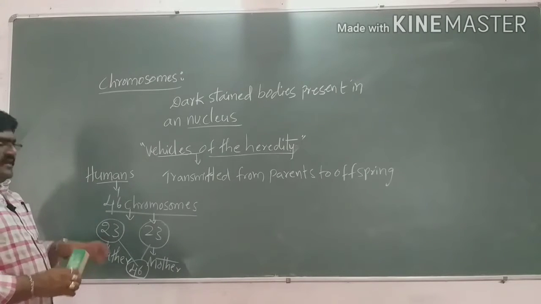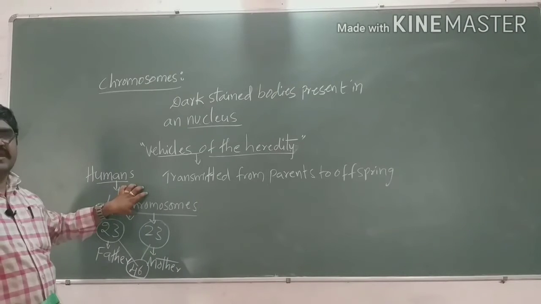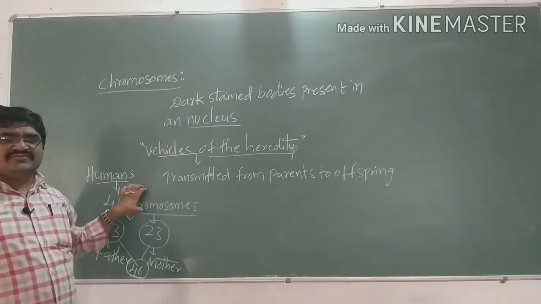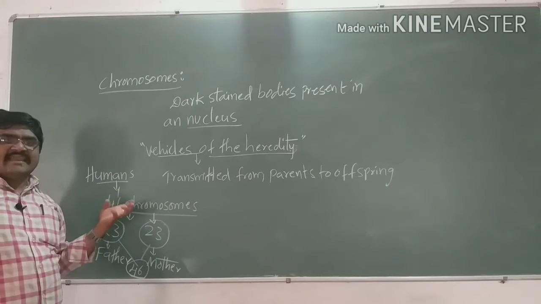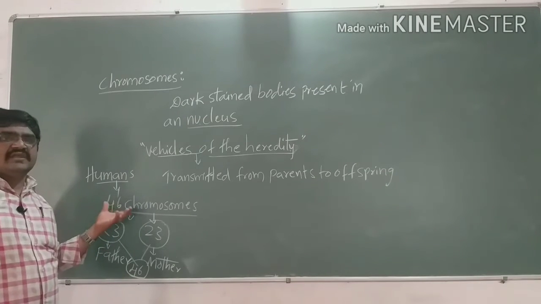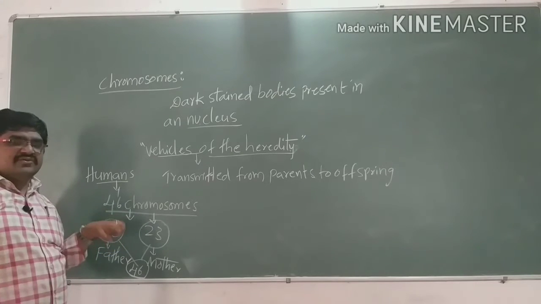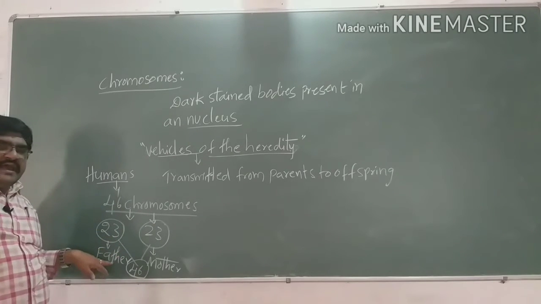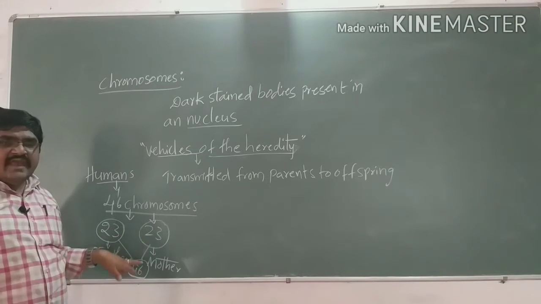That is because the chromosomes undergo meiotic division in cell division. Due to meiosis, reductional division takes place. Due to the reductional division, half of the chromosomes are produced from the father and half from the mother.